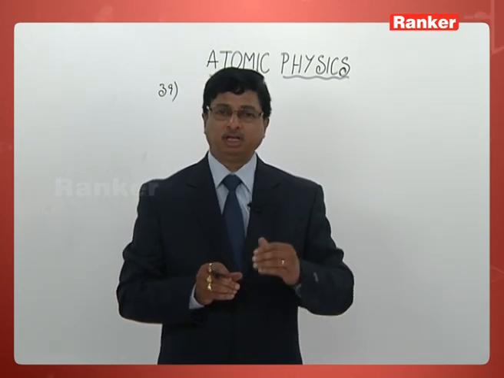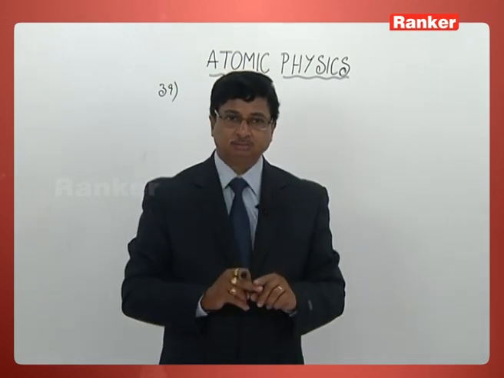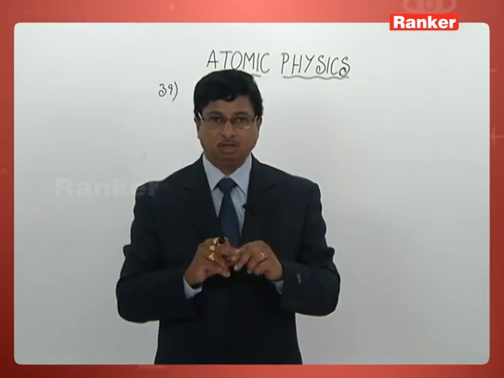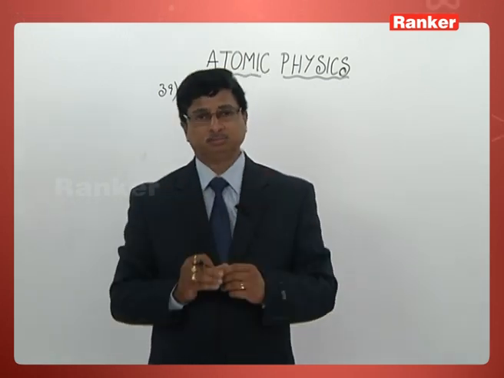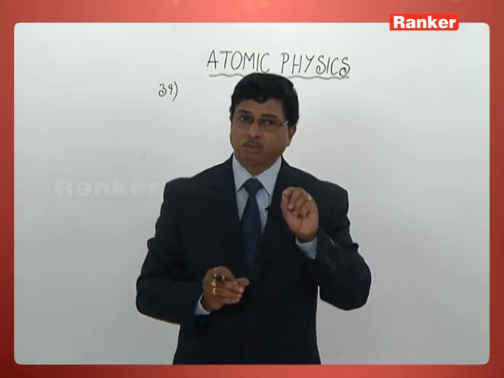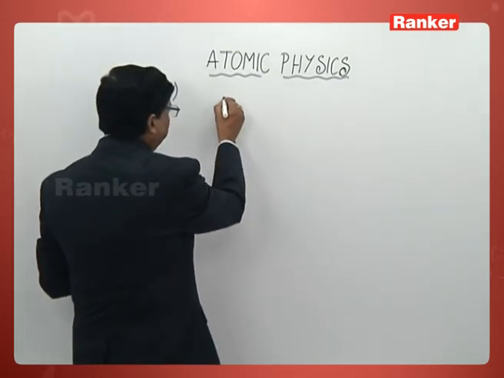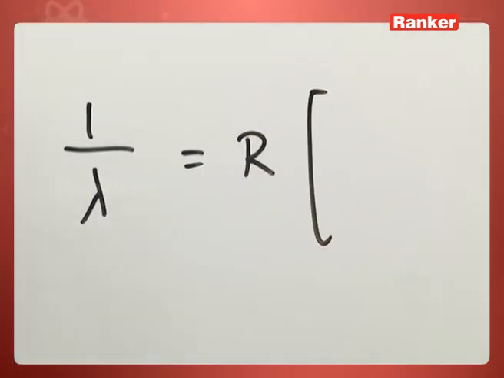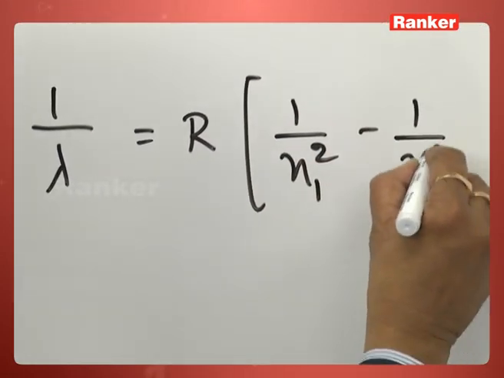Generally we take K, L, M, N, O. When the transition is into the K shell it is Lyman series, into L shell Balmer series, into M shell Paschen series, into N shell Brackett, and the next one is Pfund. That order we know. But for all these, you need to remember the general equation. What is the general equation here? 1 by lambda is equal to Rydberg constant R into 1 by n1 square minus 1 by n2 square.